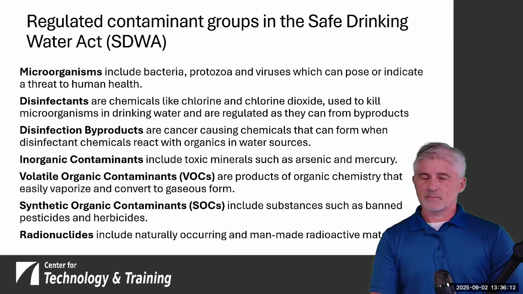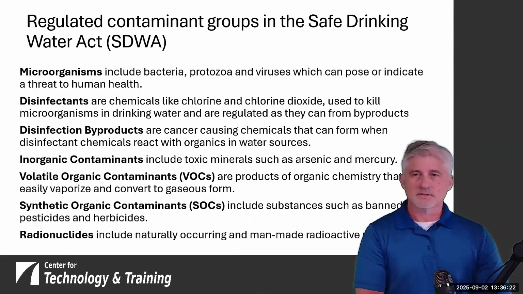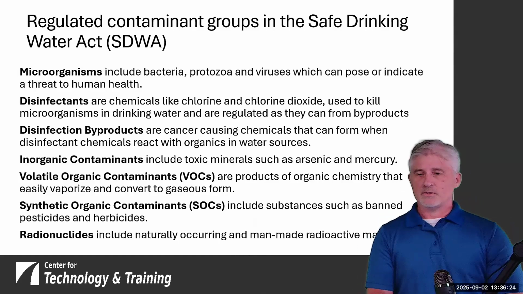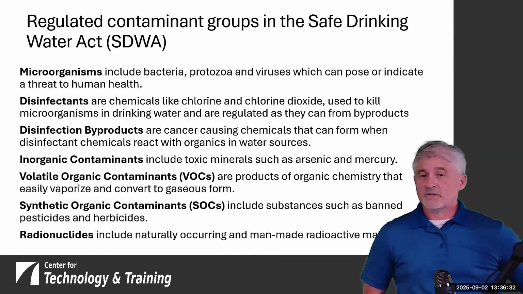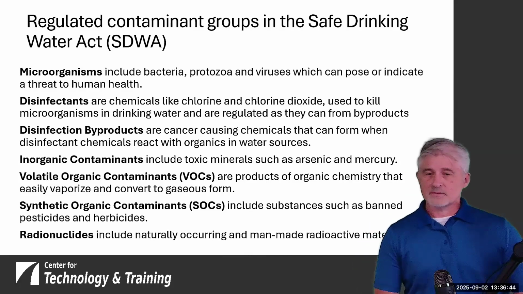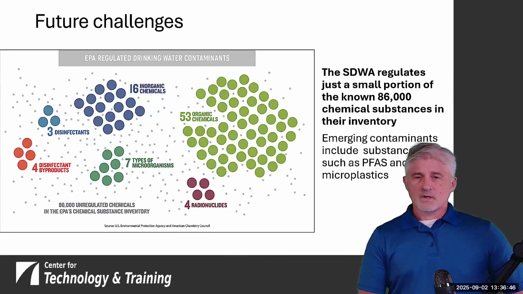The SOCs, or synthetic organic contaminants, are substances that the EPA has already banned. You shouldn't be using them, and they're associated with herbicides and pesticides. And then radionuclides can be either natural or man-made, like radium, radon, things like that.